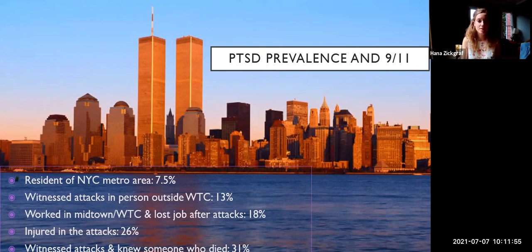People who saw the attacks in person from outside were more likely than that. People who were personally impacted in the aftermath of the trauma by losing their jobs were more likely to develop PTSD. Again, people who were injured were even more likely to develop PTSD, and people who lost someone in the attacks were even more likely.